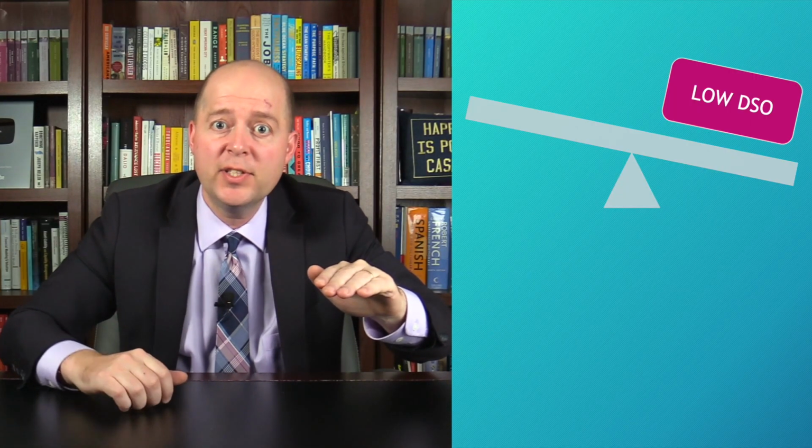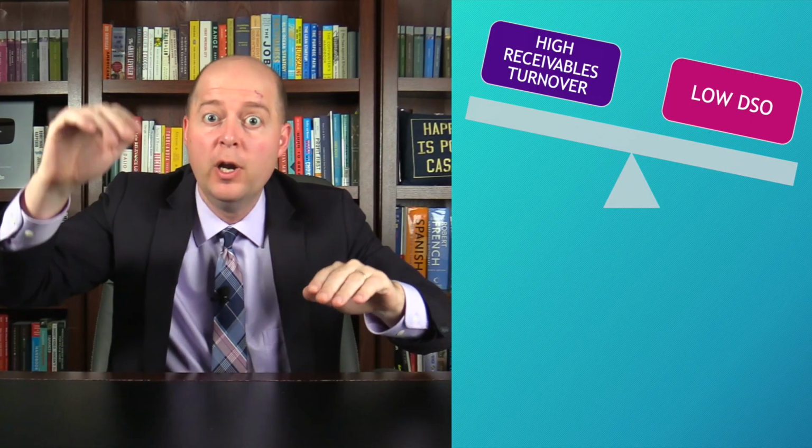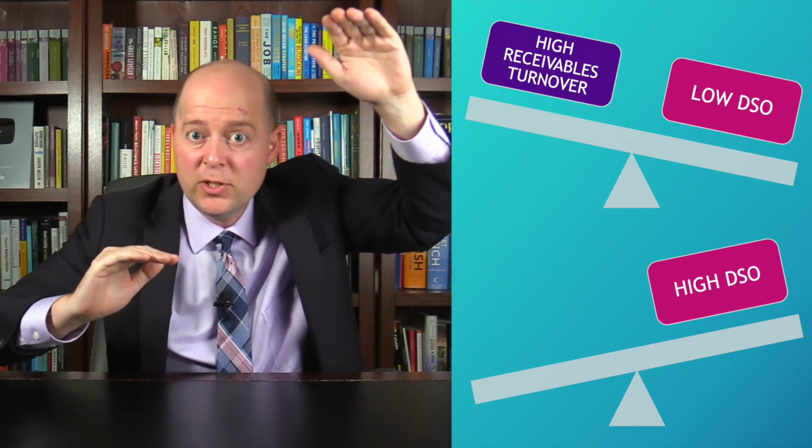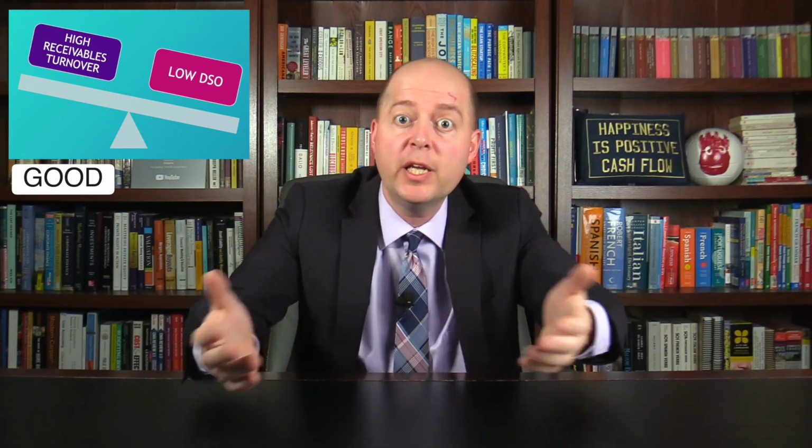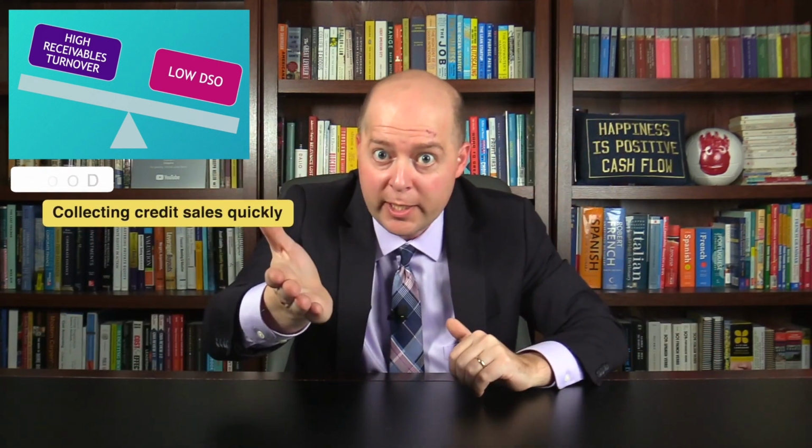Thus, don't be surprised if you see someone using the ending net accounts receivable balance to calculate days sales outstanding. Finally, you should note that days sales outstanding and receivables turnover are inversely related. A low days sales outstanding means a high receivables turnover, but a high days sales outstanding means a low receivables turnover. A low days sales outstanding, or high turnover, is good for the company because it means it's collecting credit sales quickly.